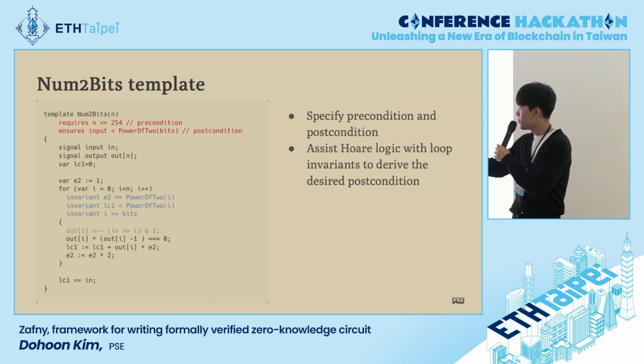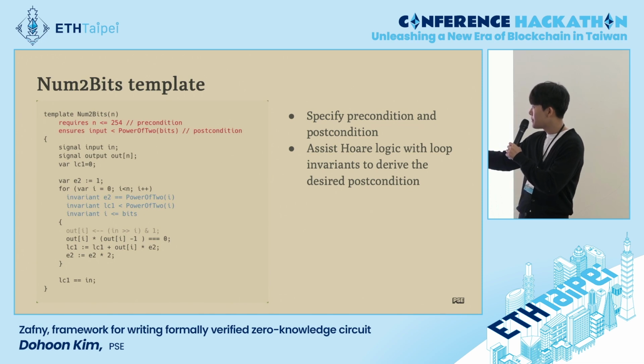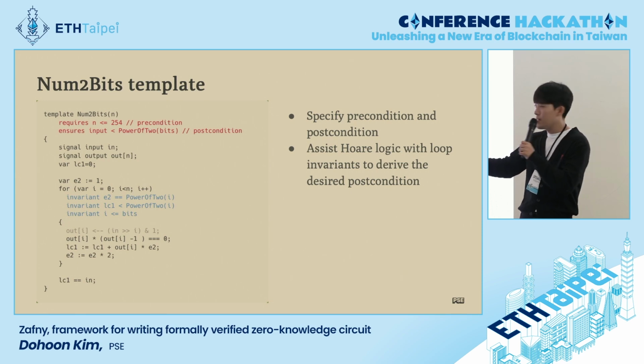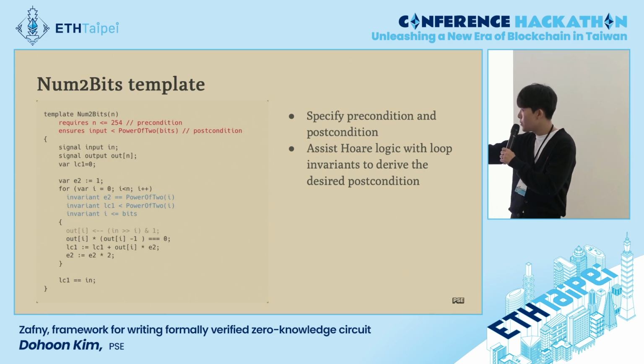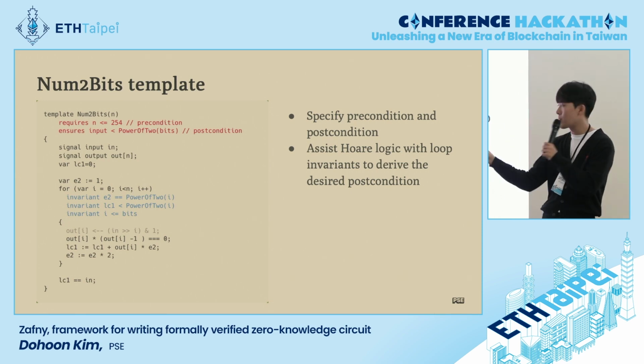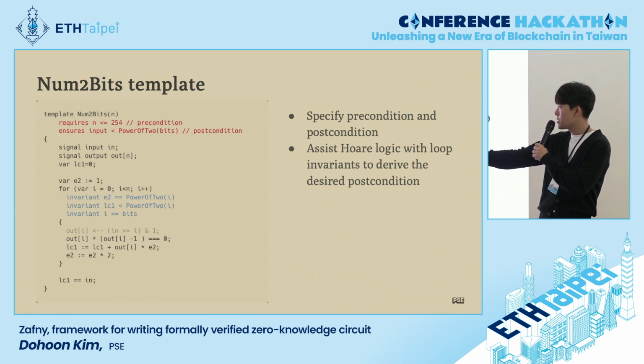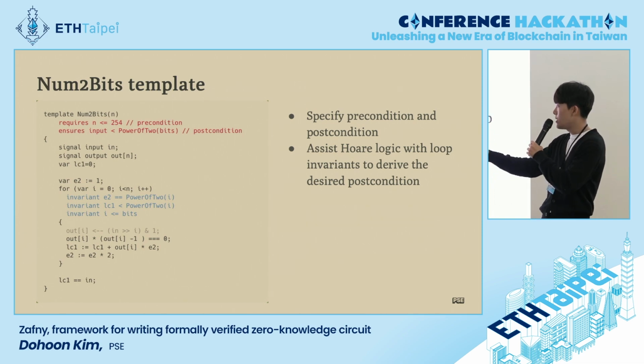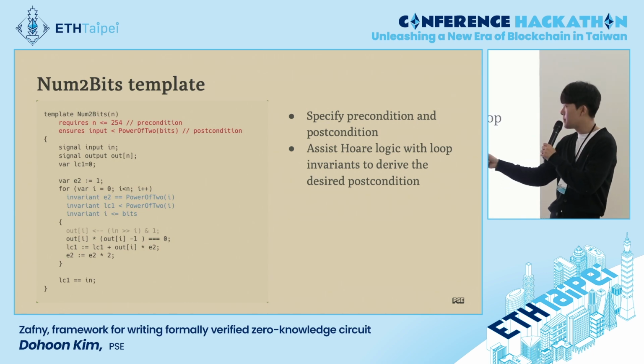Let's see more closely. The loop is the most important part. And inside the loop, we can just ignore the witness generation parts. We have one constraint that the ith element of the out array should be equal to 0 or 1.